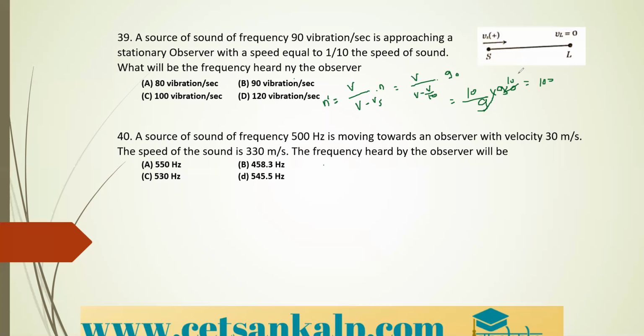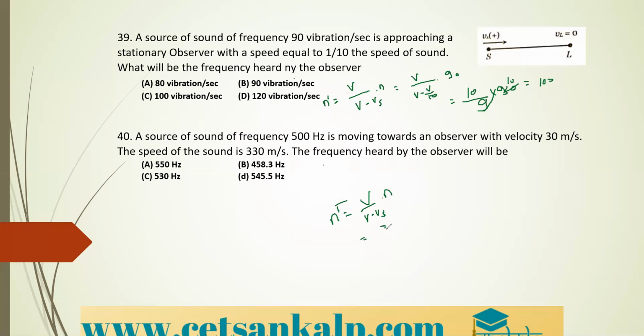Then the frequency heard will be? Here also it is the same formula we can use, because it is also moving towards the observer. Therefore, n dash is equal to V divided by V minus Vs into n.